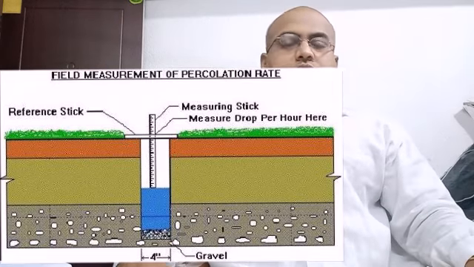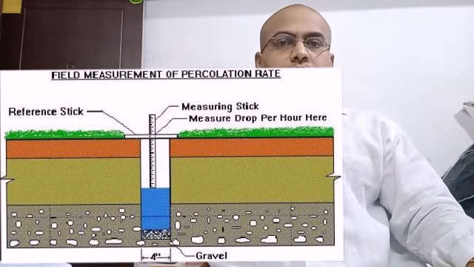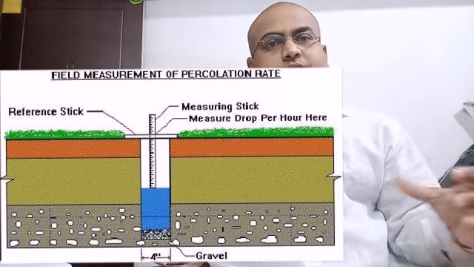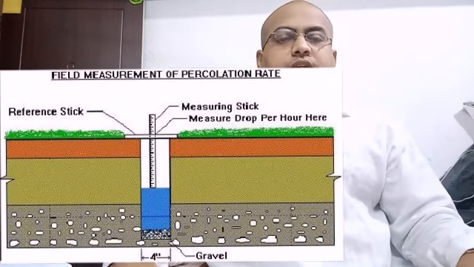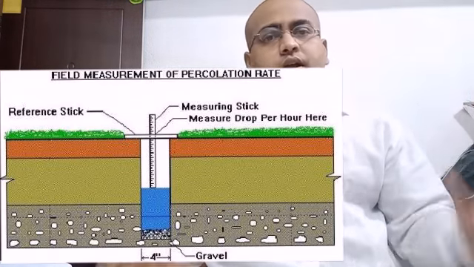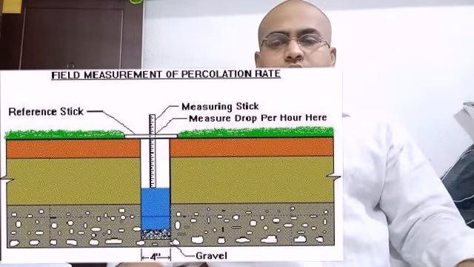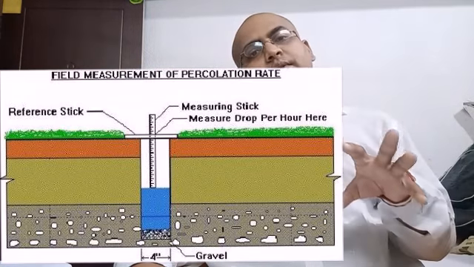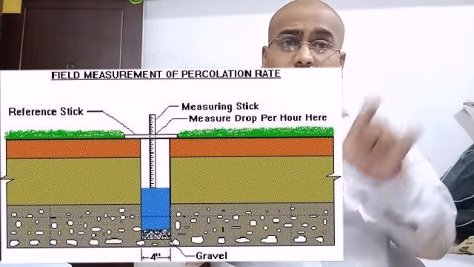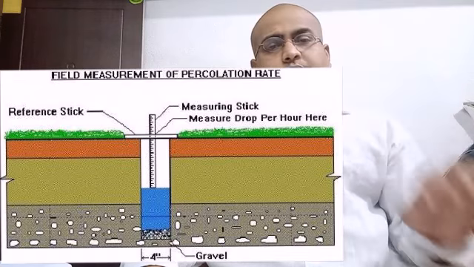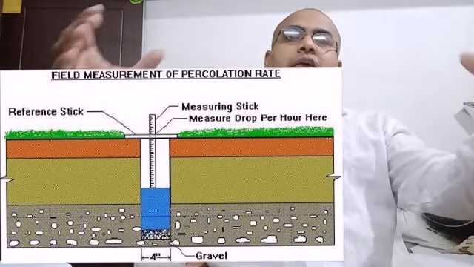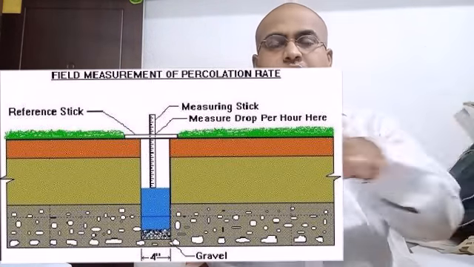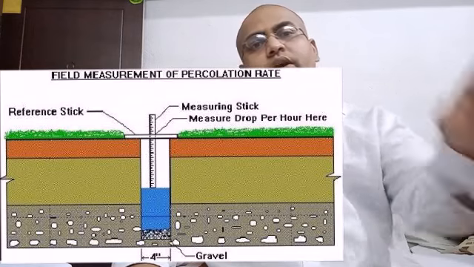You can use this, or you can buy from the market PVC, polyvinyl chloride plastic pipes, which are used nowadays in our households. We have to take care that in the polyvinyl chloride pipe the diameter is 5 centimeters.